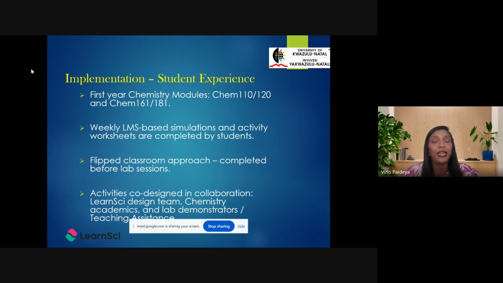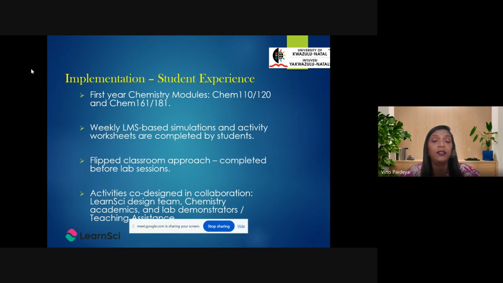That is based on a flipped classroom approach, where the students get to work on the pre-lab in their own time, and then come into the lab and experience the lab exercise.